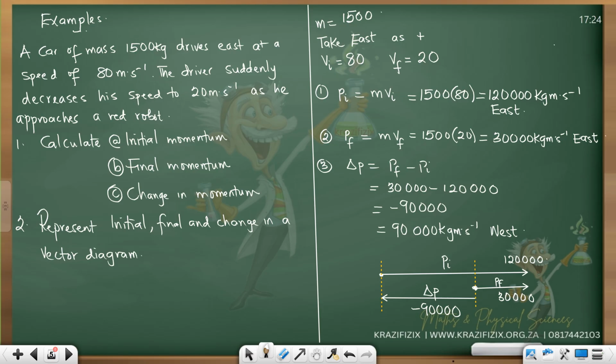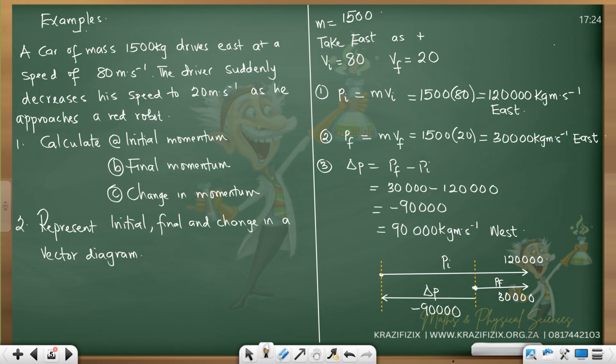The 90,000 is smaller than the 120, but bigger than the 30. The 30 is east, so it must be pointing to the east. The 120 is in the easterly direction, must be pointing there. And the negative 90 in the west. Those are the things we want to mark. We want to mark the magnitude and we want to mark the direction. Are we okay with this?